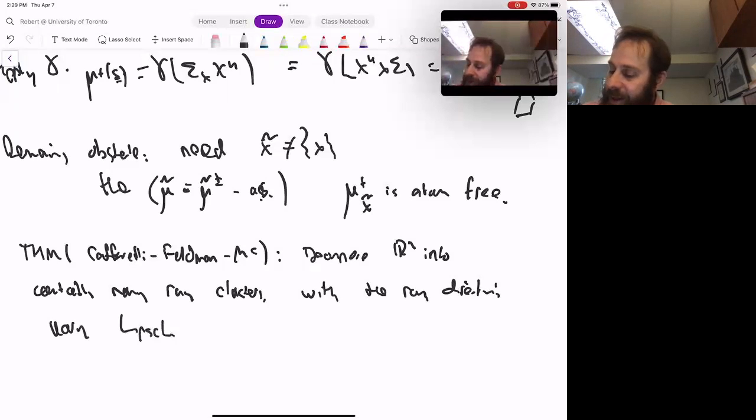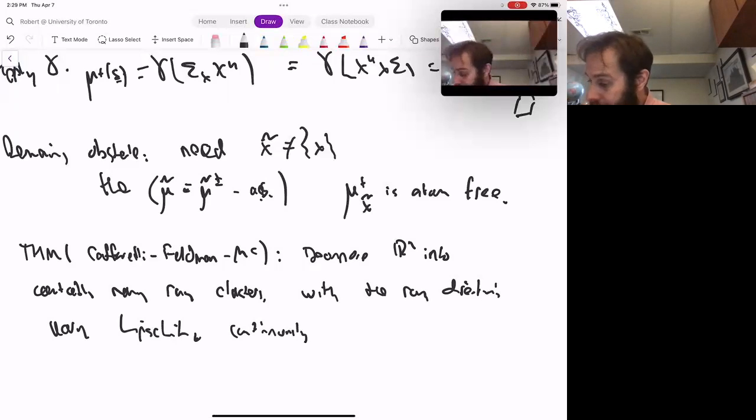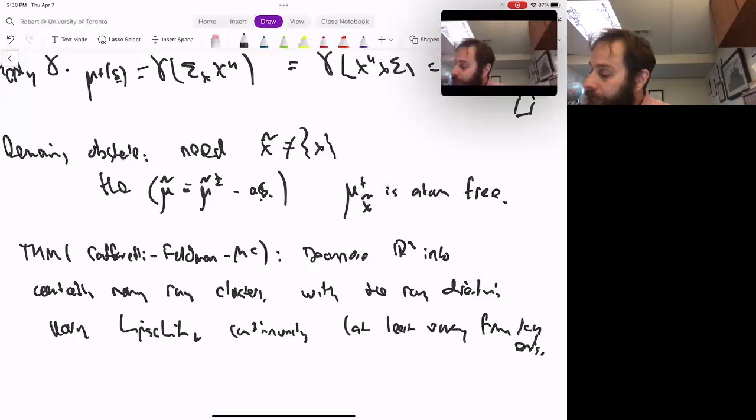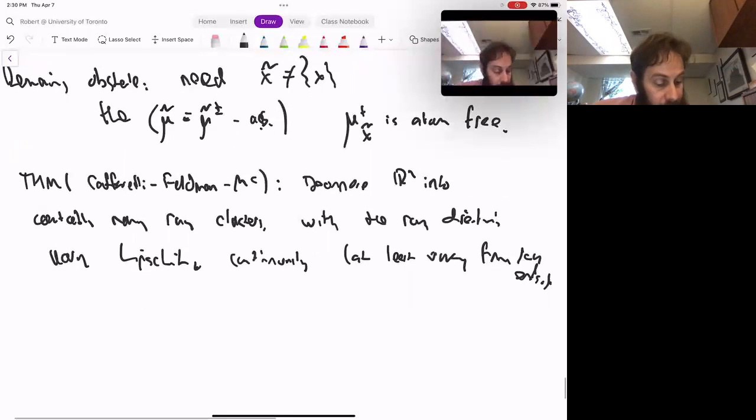I'm saying this in a long and clumsy way. That's not really a theorem, it's a technique.